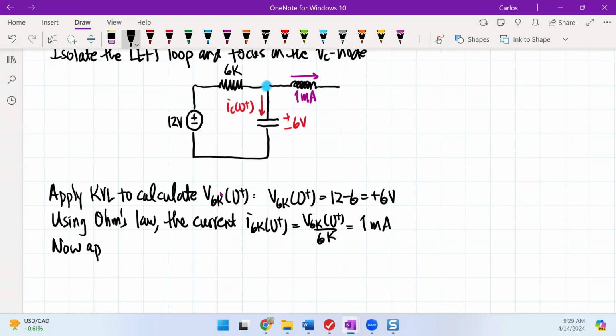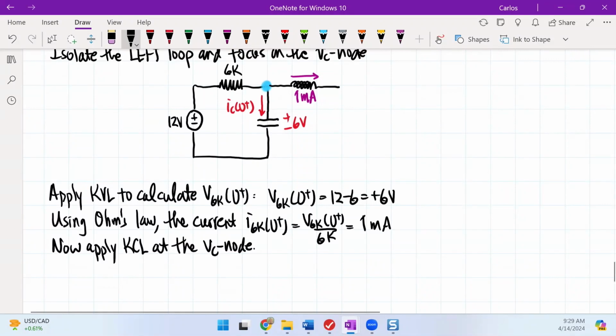Now apply KCL at the VC node. So if you're looking at the node here, you're seeing that we have a current that's going through here that's 1 milliamp. And then I have an inductor of 1 milliamp that tells me immediately that the current through the capacitor must be 0.